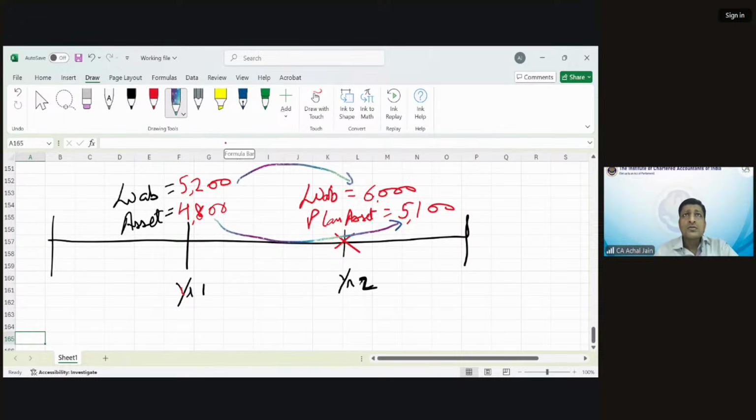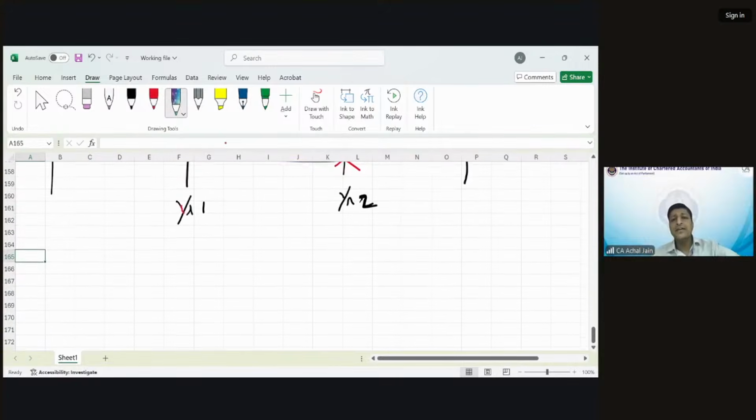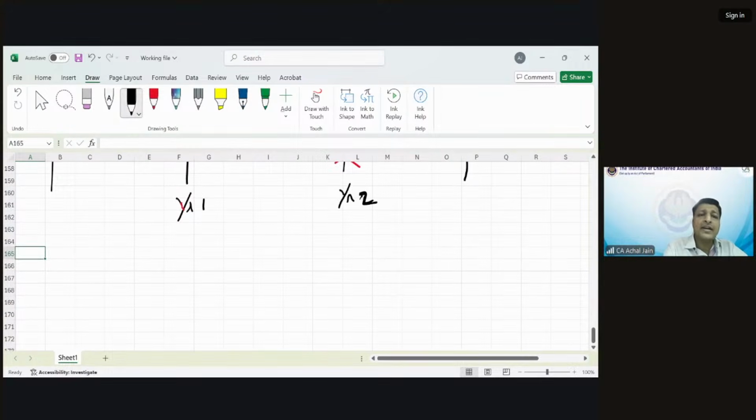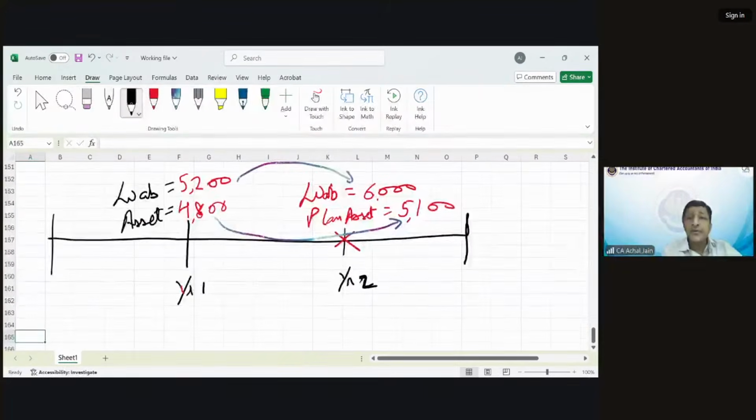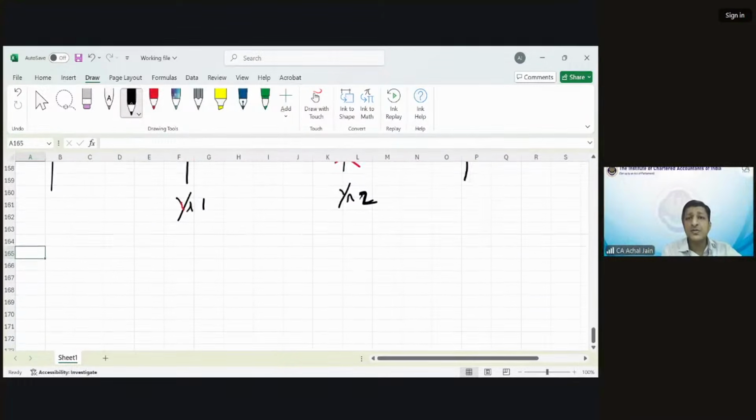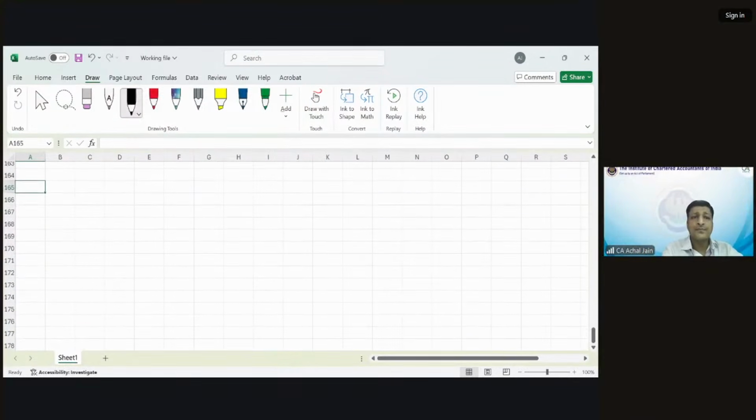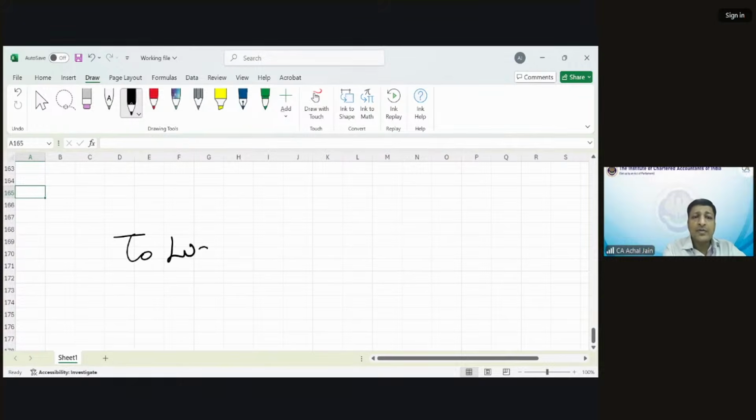So now, where do you take this change? You'll have to pass an accounting entry. In year 2, what is the accounting entry you'll pass? Your liability to begin with was 5,200 and this has increased to 6,000. So you will increase the liability by 800. Where do you take the impact?